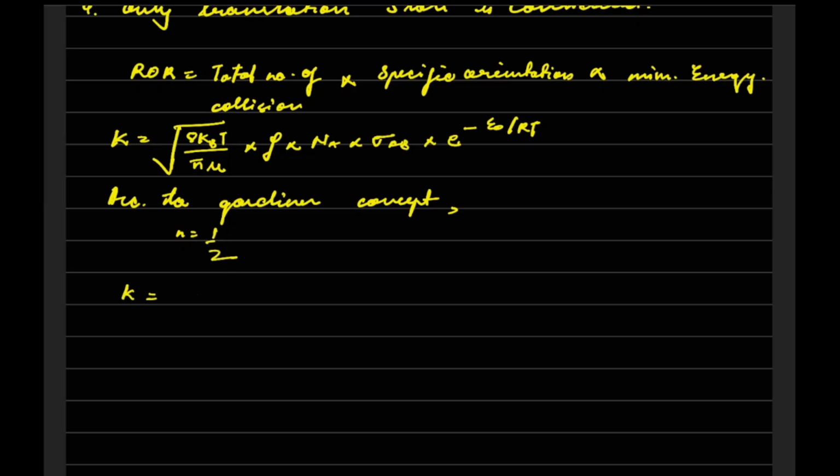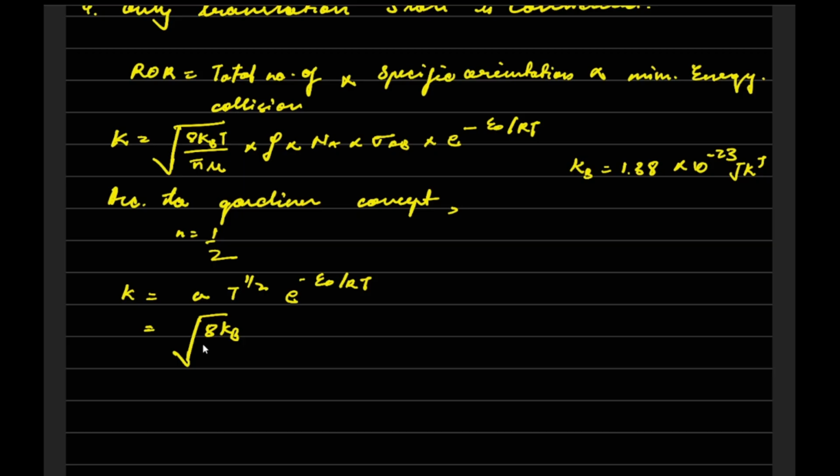So k is equal to A e to the power 1 by 2 into e to the power minus E naught by RT, where this small a can also be written as root of 8 kB, where kB is the Boltzmann constant, so kB is equal to 1.38 into 10 to the power minus 23 joule per Kelvin.